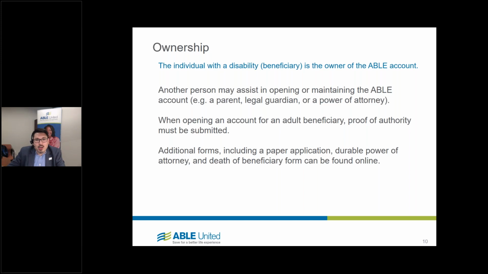If you're opening this account on behalf of an adult beneficiary, we're going to require that you submit documentation to us just to prove that you have authority to manage an adult's account. We also provide additional forms on our website, ableunited.com, that can assist you with either a durable power of attorney or any other kind of account documents or forms that you may need.